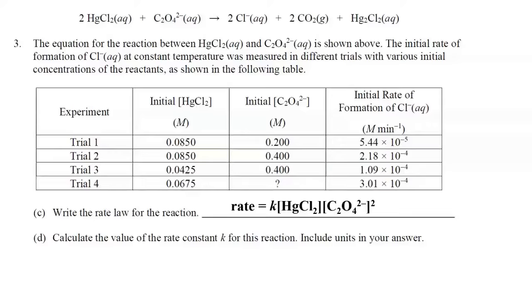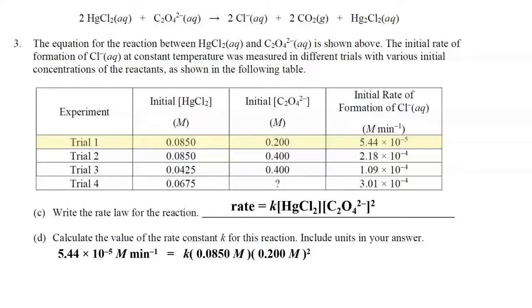So I'm going to start with trial 1. What I have in terms of my data is I have the initial rate, which is 5.44 times 10 to the negative 5, and the units are molarity per minute. And then I have the rate constant k, which I don't know yet. I have the initial concentration of HgCl2, which is 0.0850 moles per liter.